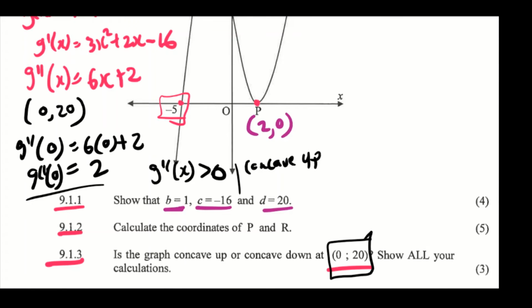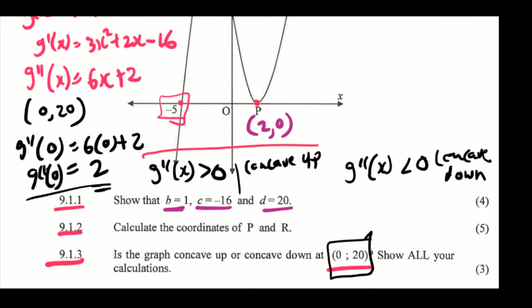When the second derivative is less than 0, it says that it's concave down, right? So in this case, our second derivative is greater than 0. It's actually equal to 2. So it confirms that the final answer here is concave up.